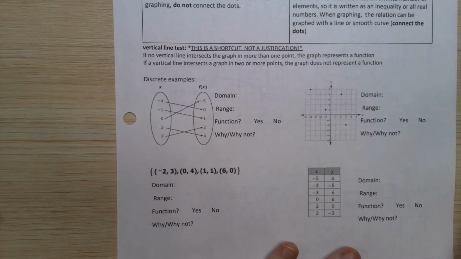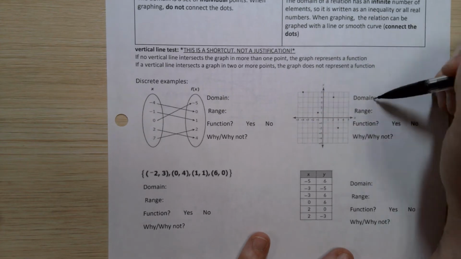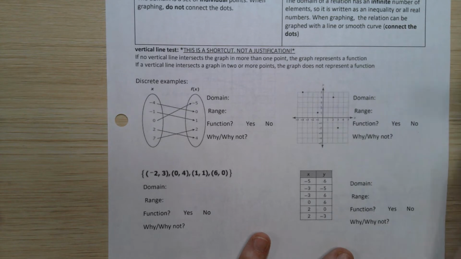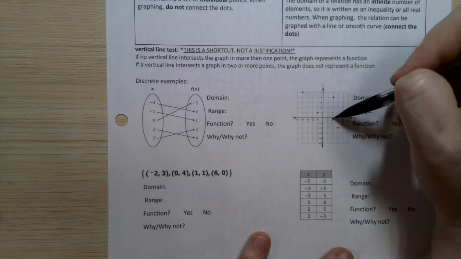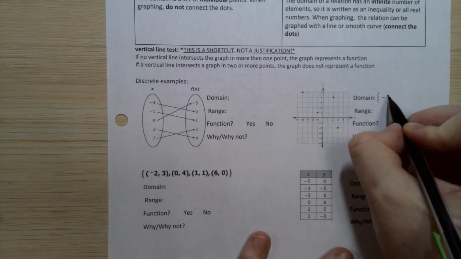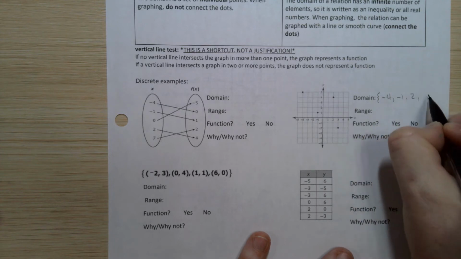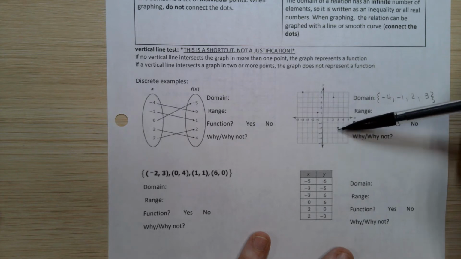So, for example, on this graph right here, your domain would be your x values, so they're single points, okay? So you have -4, which is an x, -1, 2, and 3. So I would write -4, -1, 2, and 3. Y values start at the bottom.